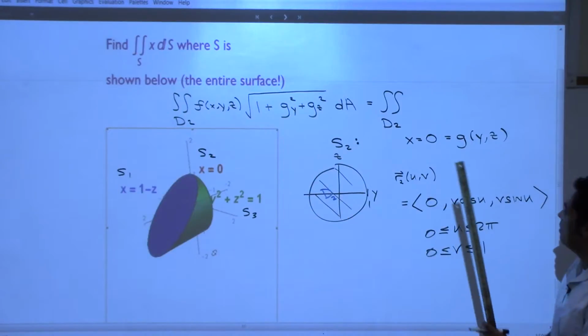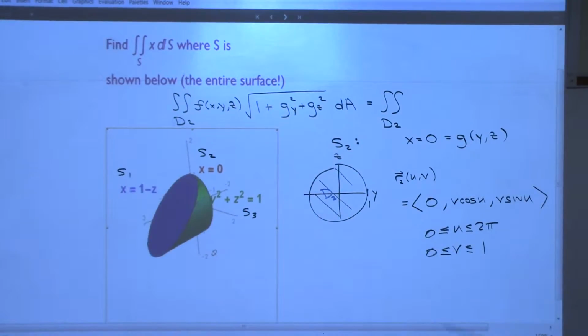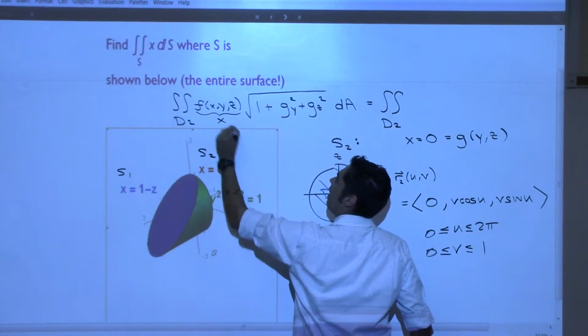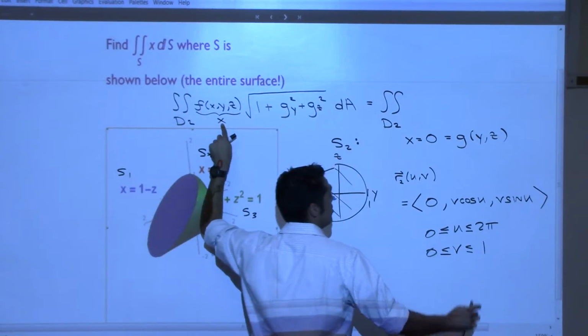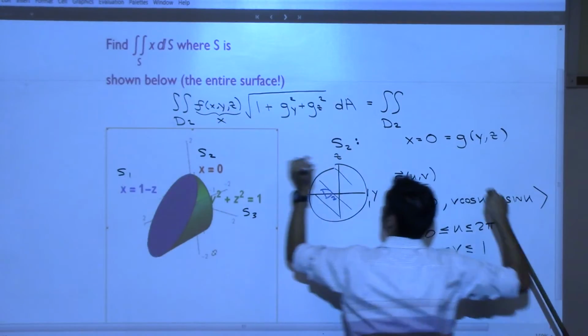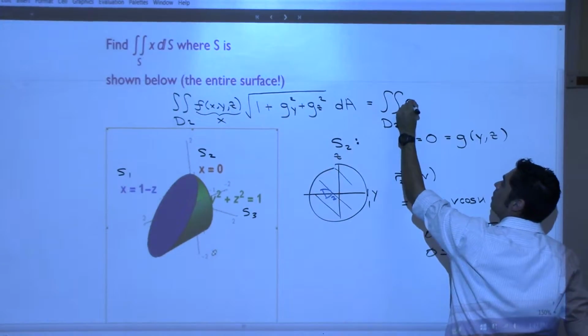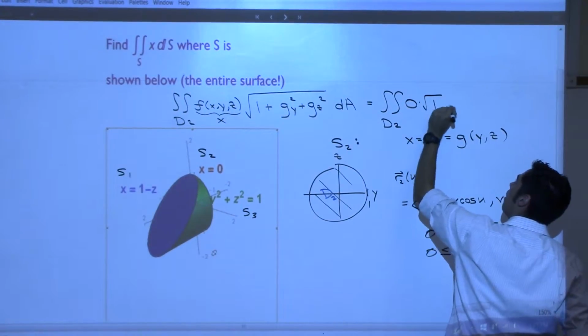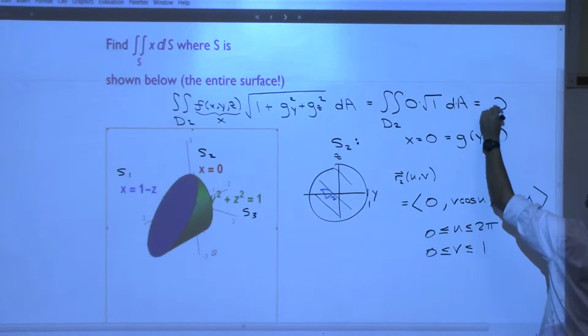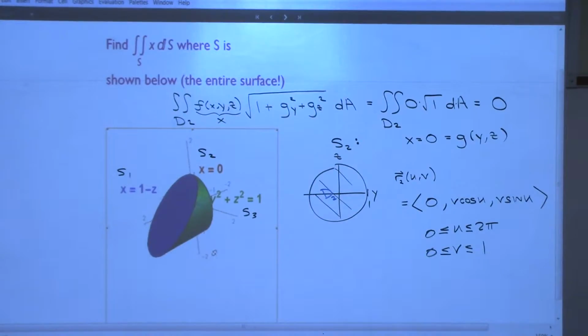I need to plug in 0. X is 0. You understand that? This right here is just x, so I replace x with whatever x is on this surface. What is x on this surface? 0. So this becomes 0 times the square root of 1 dA, and what's the double integral of 0? 0. All right?